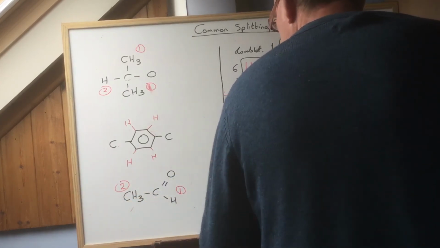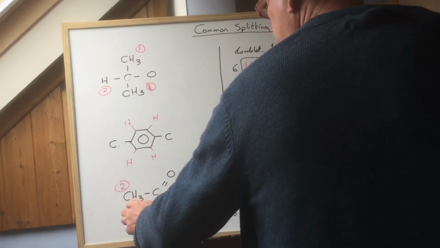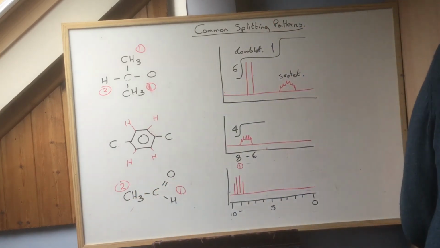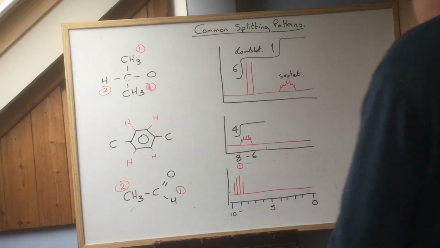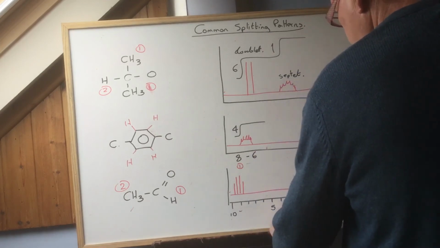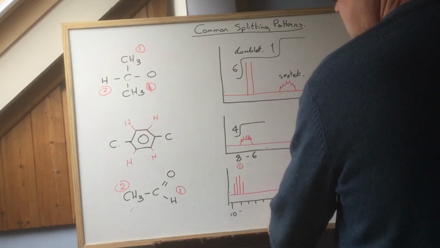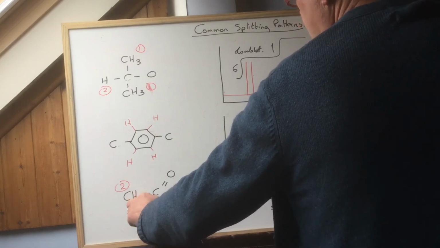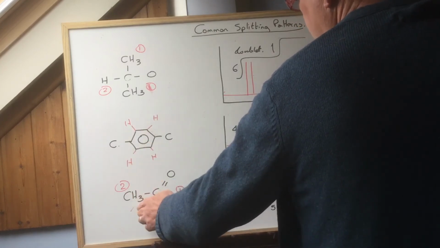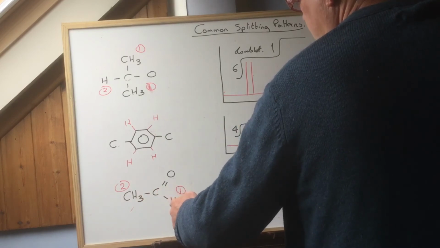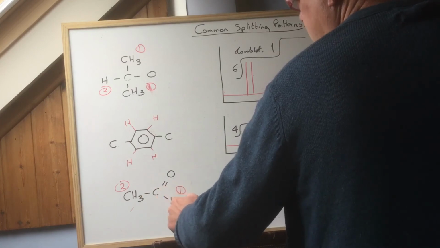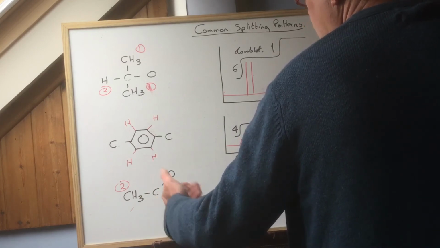Look at this one, number 2. C double bond O. Let's have a look at the little table of data. C double bond O, HCC double bond O, 2 to 3. So those 3 there, they're going to give you a signal. Integration 3, they're joined to a carbon, it's got 1 on it. So those 3 there are going to be split by that proton there into N plus 1, into 2, a doublet.